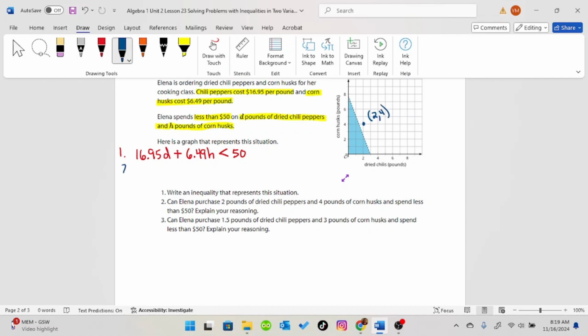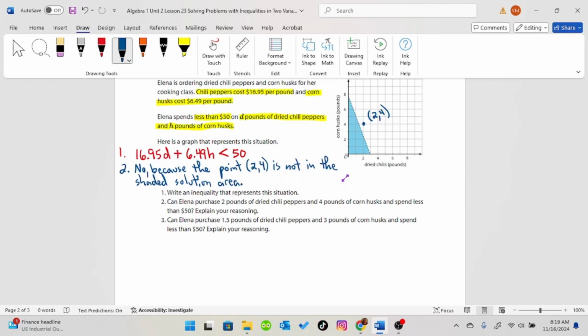This means no, because the point (2, 4) is not in the shaded solution area.